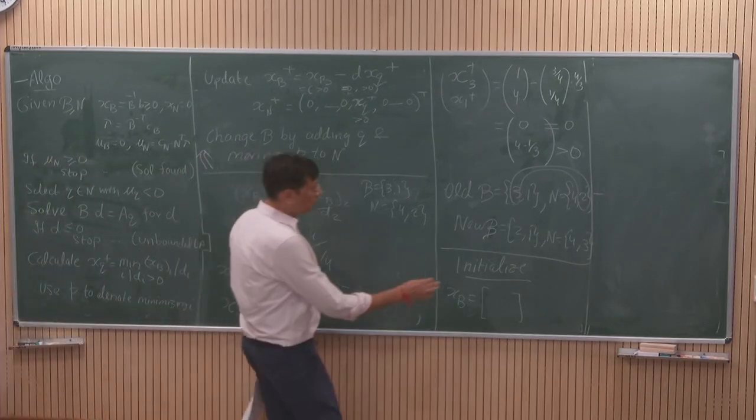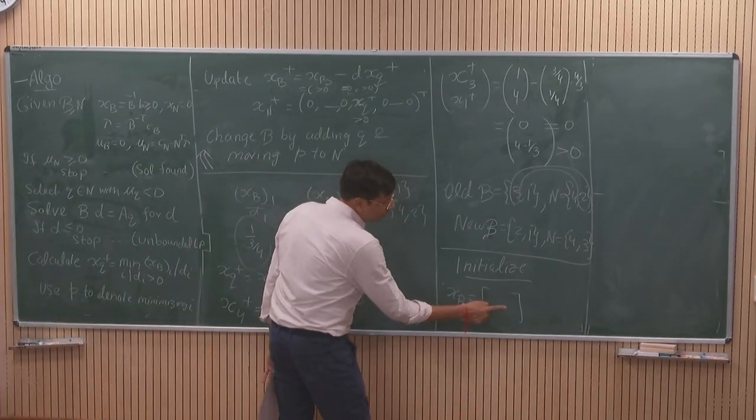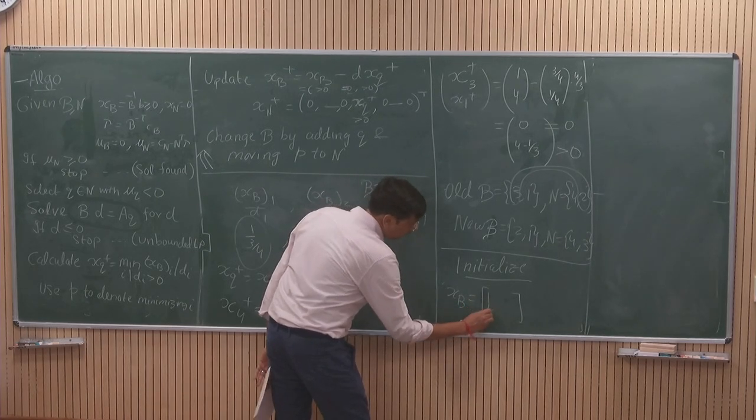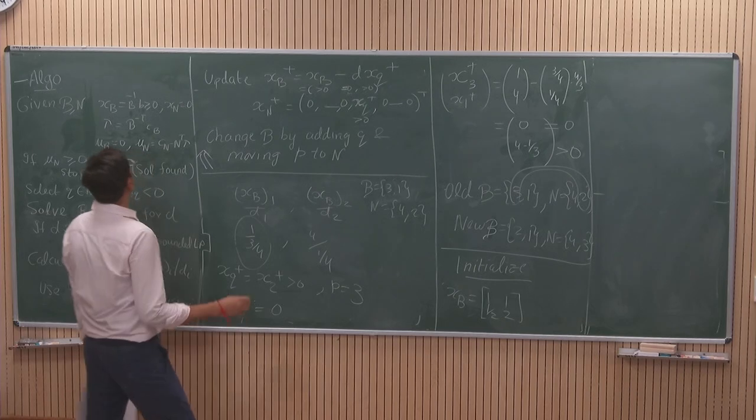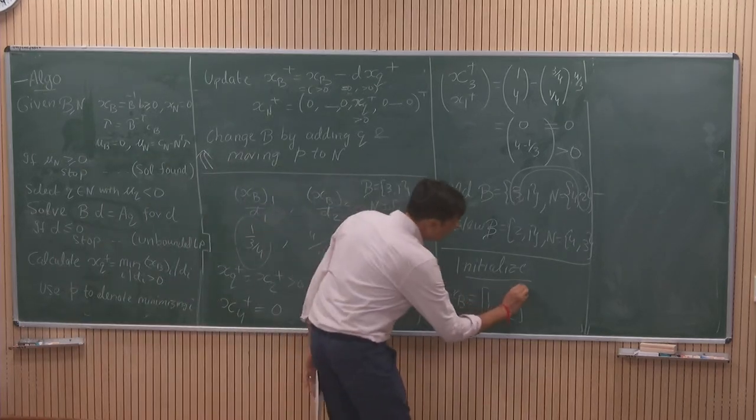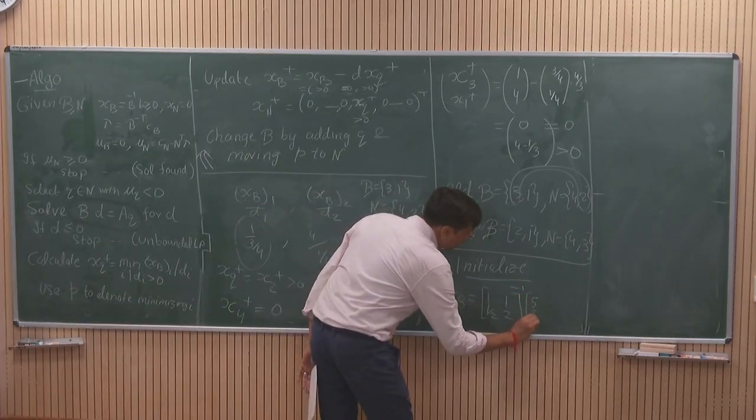So what were the elements? It was 1, 2 and 1 half. So it will be 1 half and 1, 2. The order is swapped. Inverse of that times 5, 8.